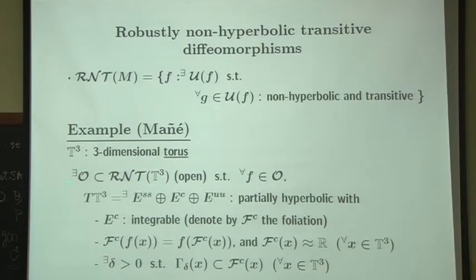This is an open set such that any element has partially hyperbolic structure. The central direction is integrable, and each leaf is homeomorphic to R. There exists a delta such that our set, the main target, is contained in C of X.